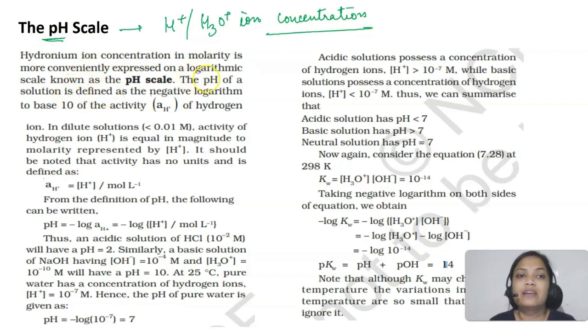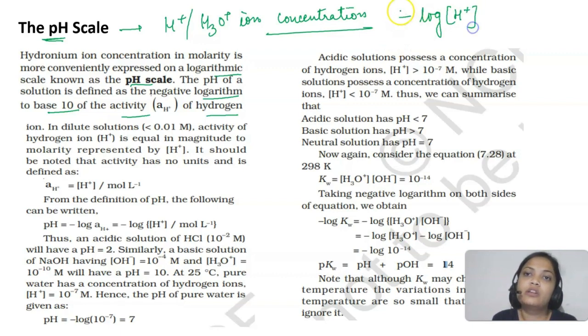So if we are expressing it on the logarithmic scale, we call it pH. Now pH is defined as the negative logarithm to the base 10 of the activity of hydrogen ion, meaning the negative log of hydrogen ion concentration is known as the pH.